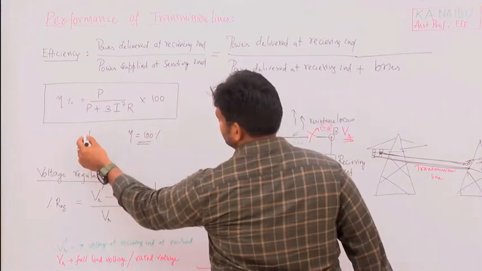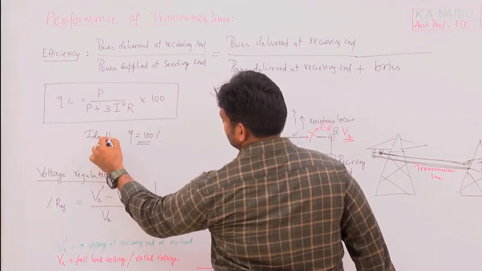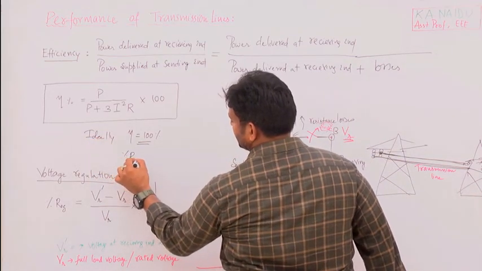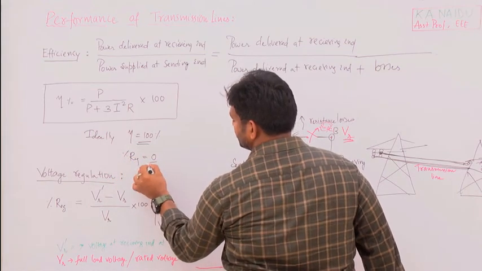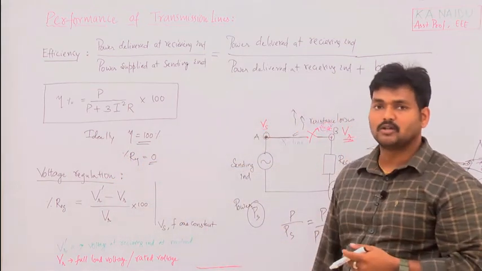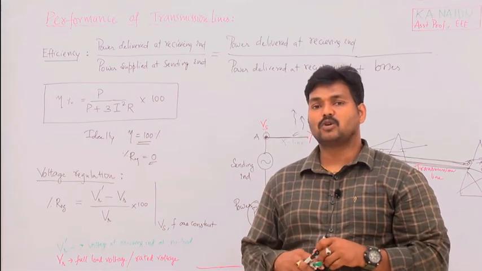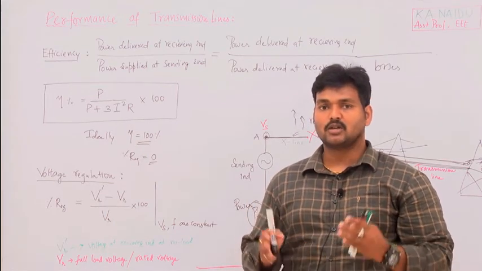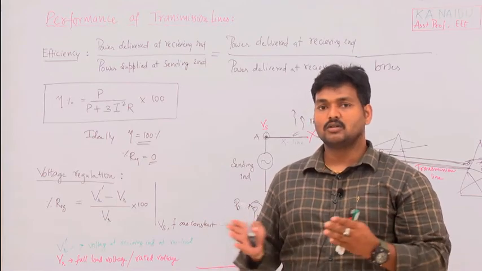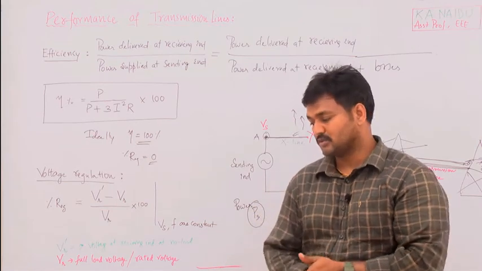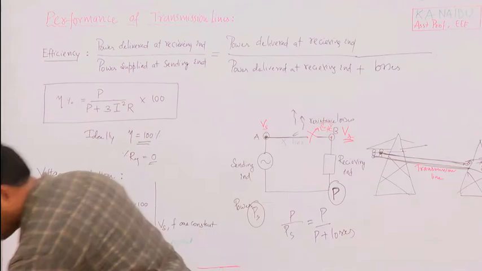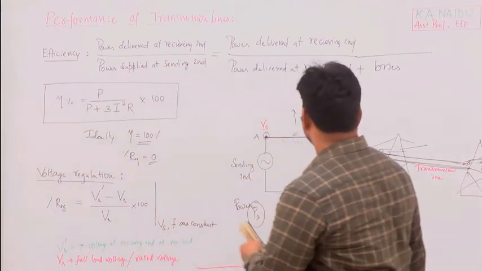Ideally, regulation must be equal to 0, but it is not practically possible. Therefore, the regulation should be maintained as minimum as possible. That means the load voltage should be constant even though the load is suddenly removed. Okay. Now, we need further basics.